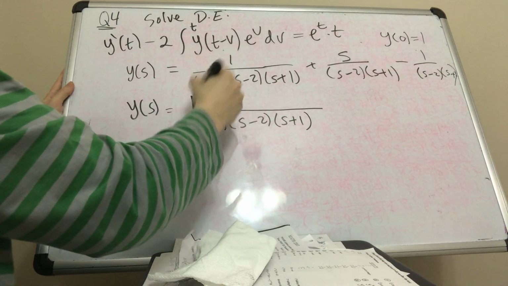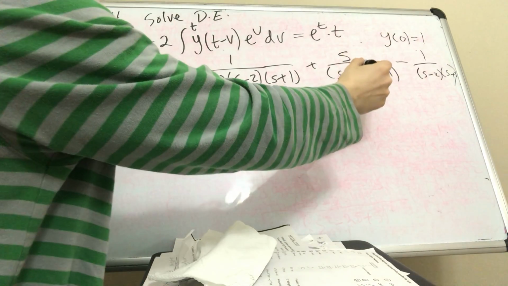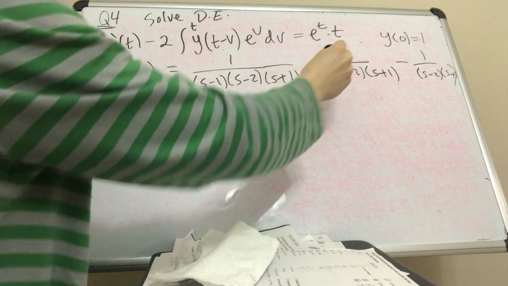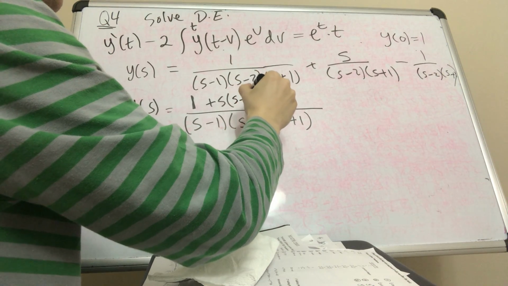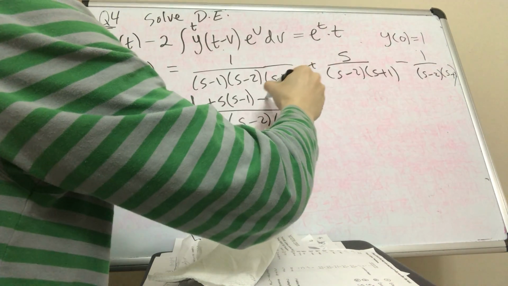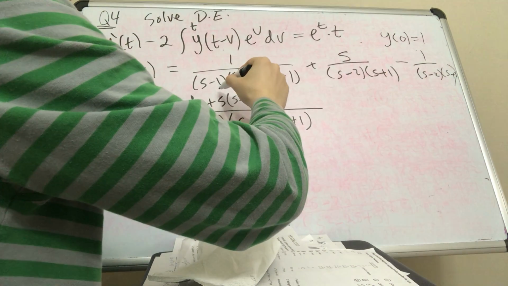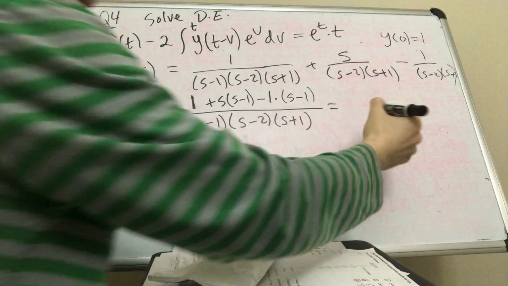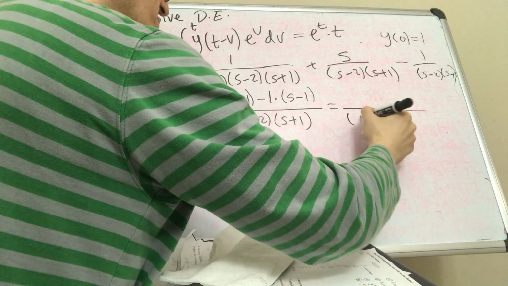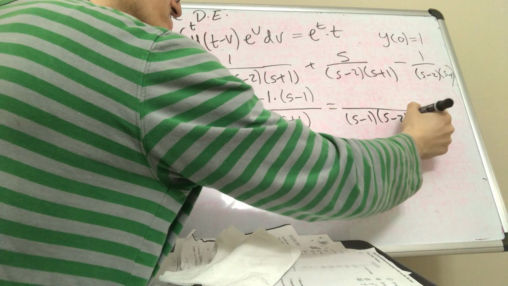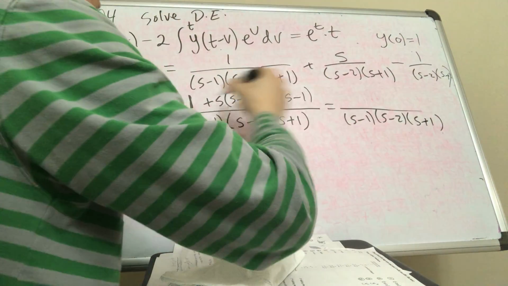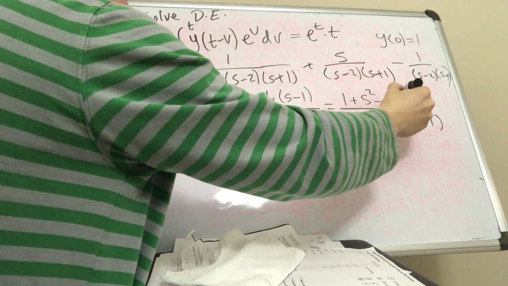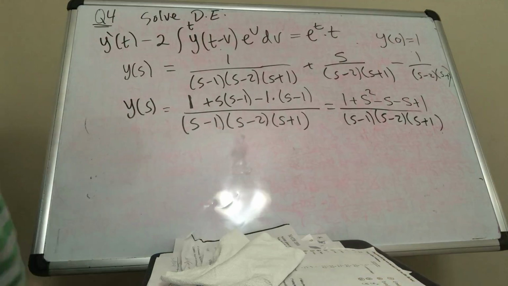For the first one is 1, no problem. But for this to match this denominator, the s must be multiplied by s minus 1. For the negative 1 to match this, it needs to be multiplied by s minus 1 as well. This is 1. This is s squared minus s plus 1.